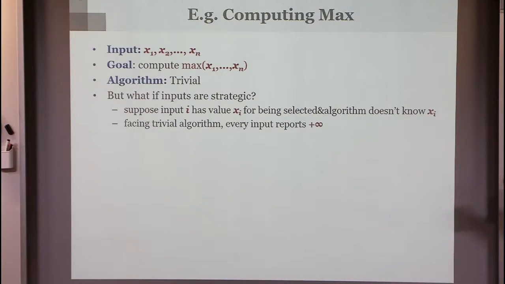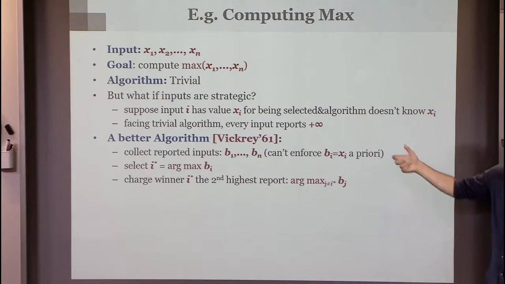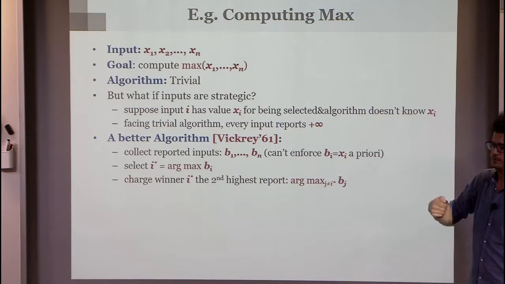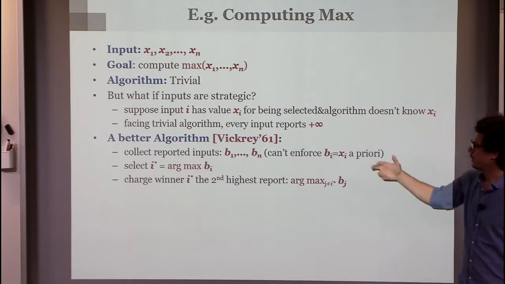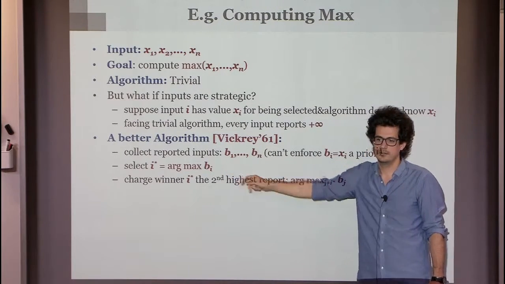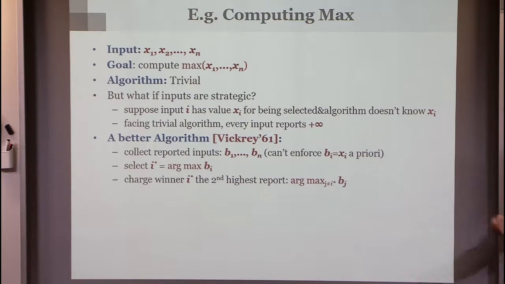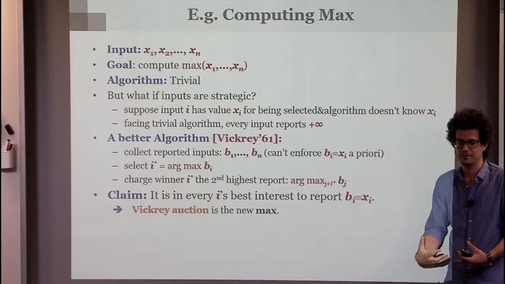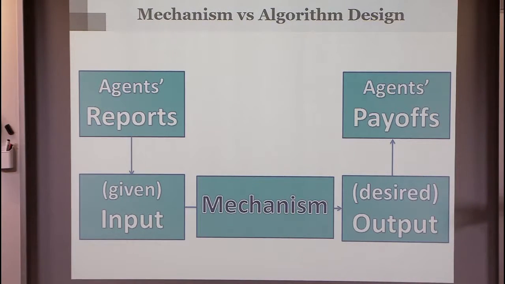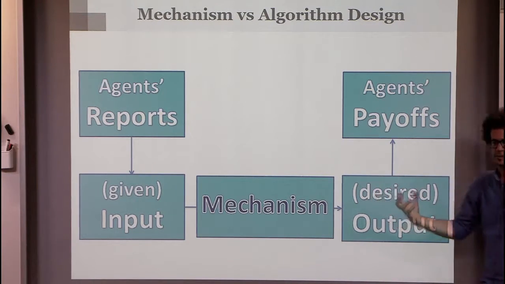Now, if I run the trivial algorithm, every bidder is going to report plus infinity because they want to be selected. And one way to make a robust algorithm is to run Vickrey Auction, which is to ask the strategic inputs to report what they are, and after selecting the max, charging them as well to make sure that everybody tells the truth. So as Christos said, Vickrey Auction is the new max. So back to my slide, mechanisms are algorithms that are robust to such behavior.